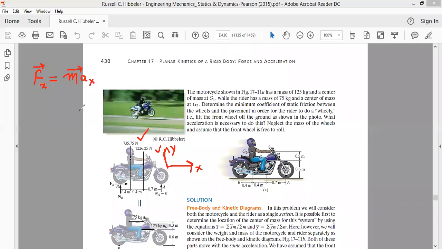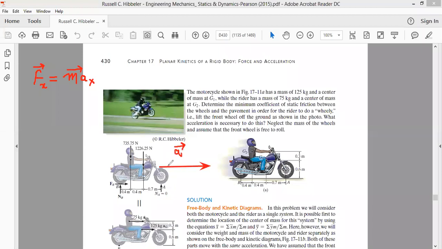Okay, so which forces are acting along x-axis? Let's write the force along x-axis first. Since this is the center of gravity, the entire motorcycle is moving along x-axis, let's suppose with an acceleration a along x-axis.